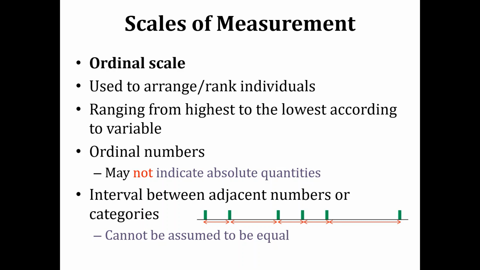So in ordinal scale, we are classifying the individuals, and we are ordering these classes or categories in a specific rank order, but the distance or the interval between the orders is not going to be constant. It's not going to be uniform.